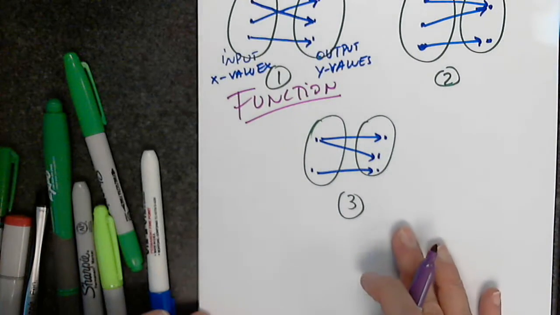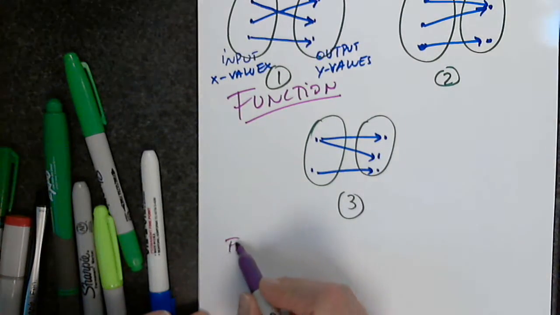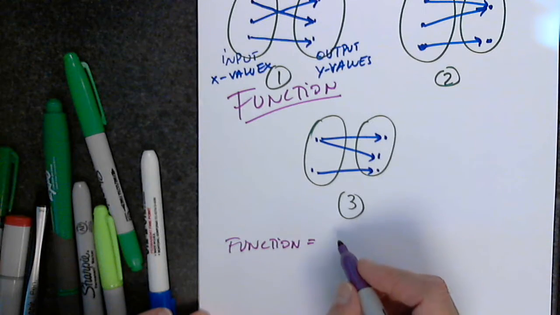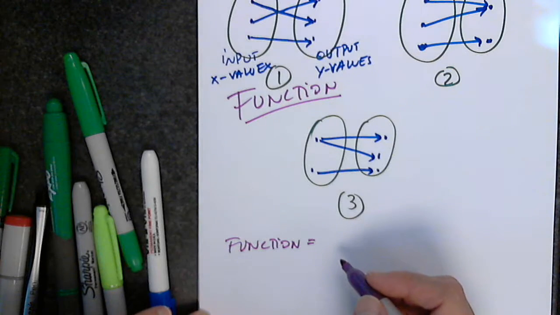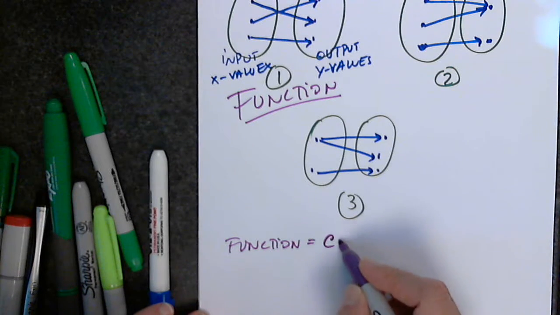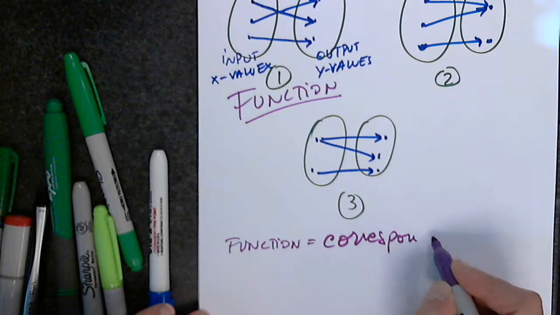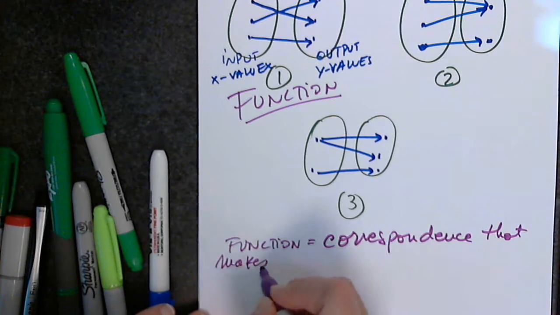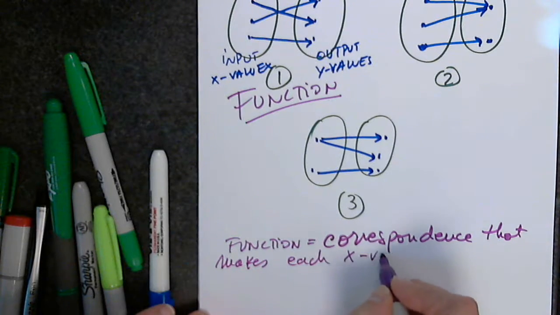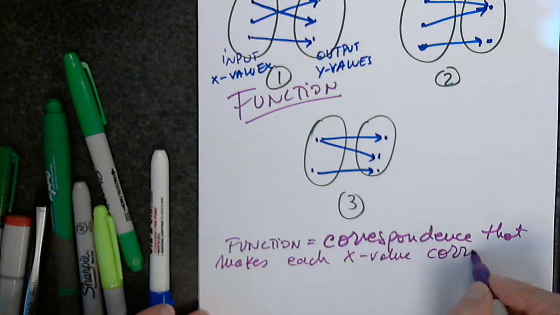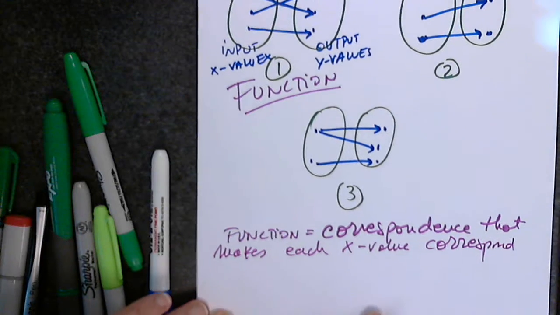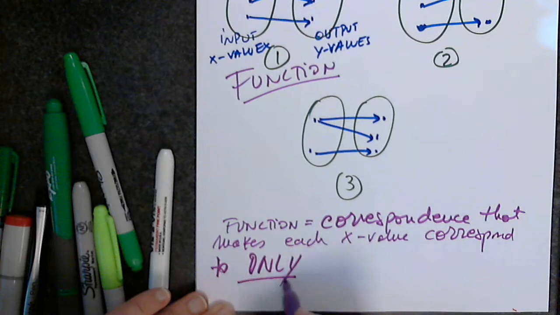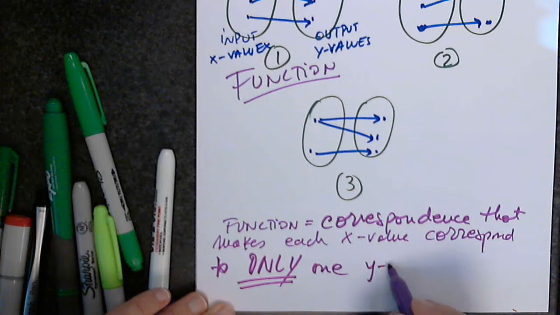So a function in general is a relation or a correspondence that makes each x value correspond to only, that's the key word, only one y value.